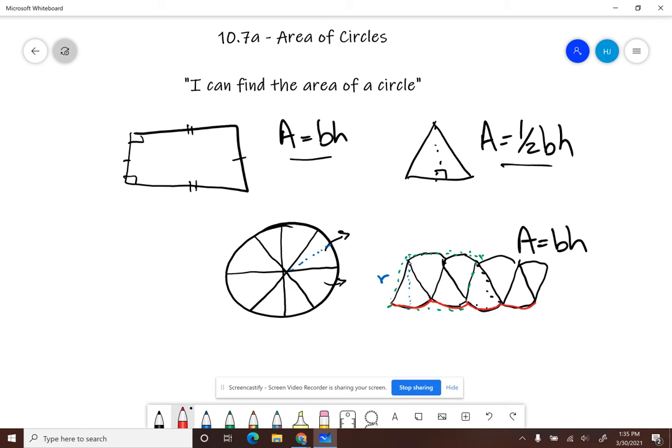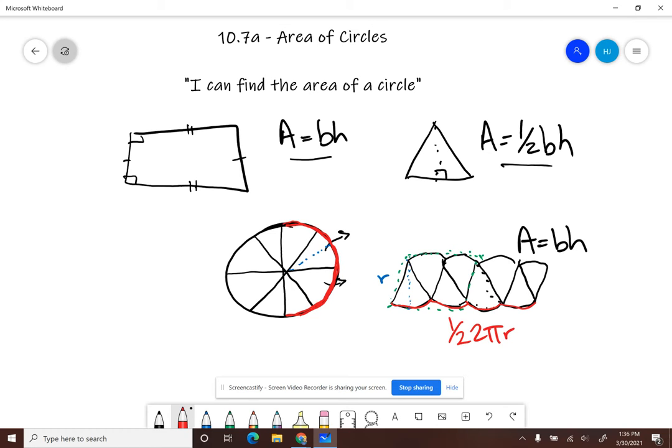Well, what is that? It's exactly half of the circumference. I have this much of the circle represented with this red part, so I have 1/2, and remember that the formula for the circumference of a circle using radius is 2 pi r.